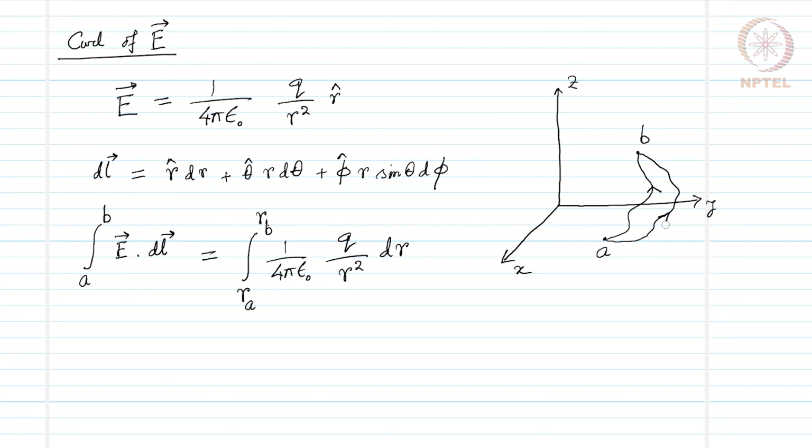In other words, if we had gone from point A to point B via path 1 and came back from point B to point A via path 2, that means we would have performed a cyclic line integral over E dot dl, a closed line integral that would have been 0 if we come back to A. That means line integral over E dot dl does not depend on the path that we traverse, it only depends on the coordinates, the point of starting and the end point, that is all.